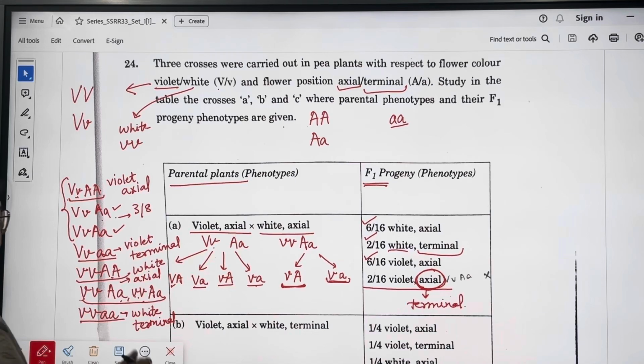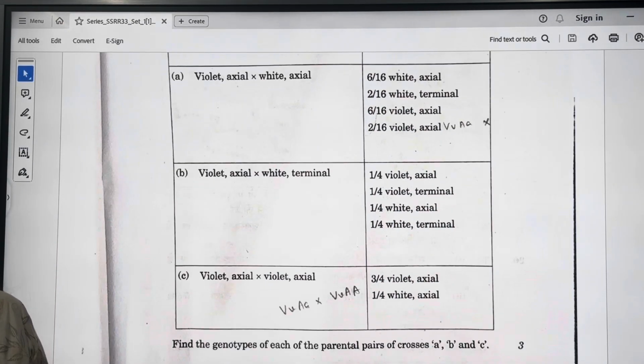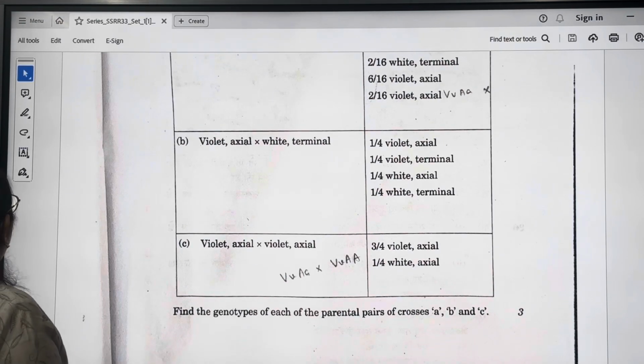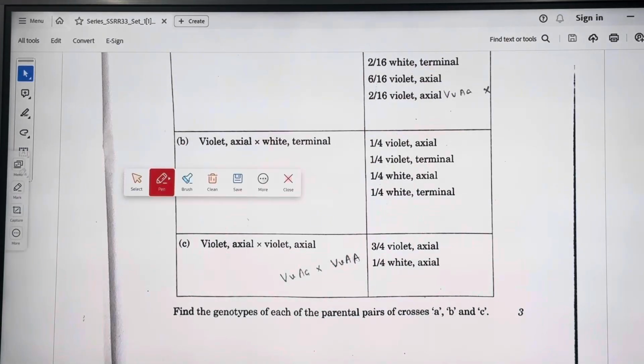Okay, next, cross B. Violet axial and white terminal.